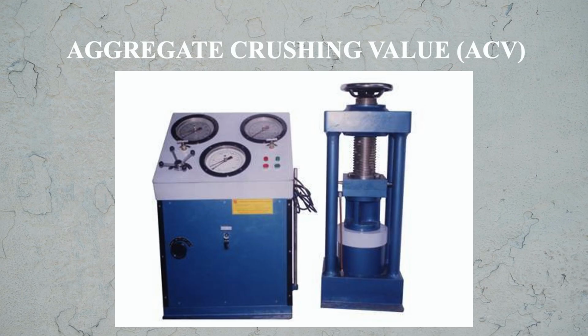Now this is the loading arrangement, the test apparatus. Here you put that mold and we apply the load, and as I told you, this sample will be loaded up to 40 tons within a time span of 10 minutes. So this is the rate of loading.